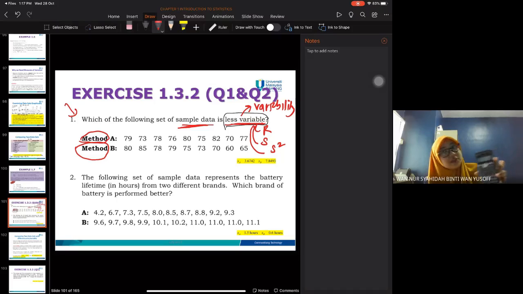To key in the data, let's say for method A we have 79. Press 79 and then M plus. It will show N equal to 1, meaning one data is already keyed in. Then we continue with 73 M plus, so 2 data.